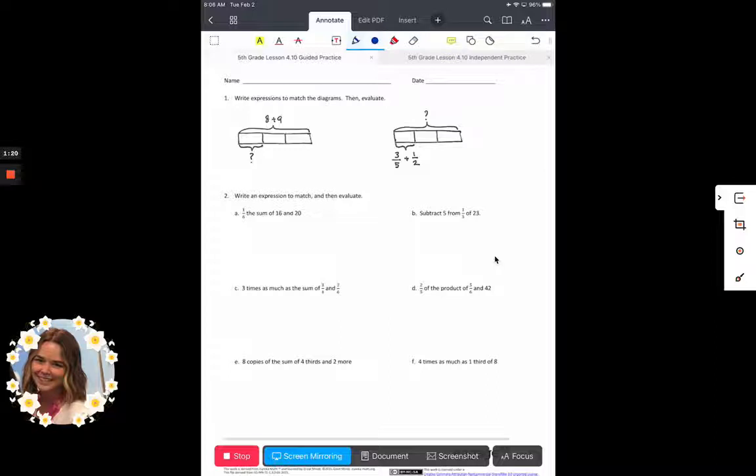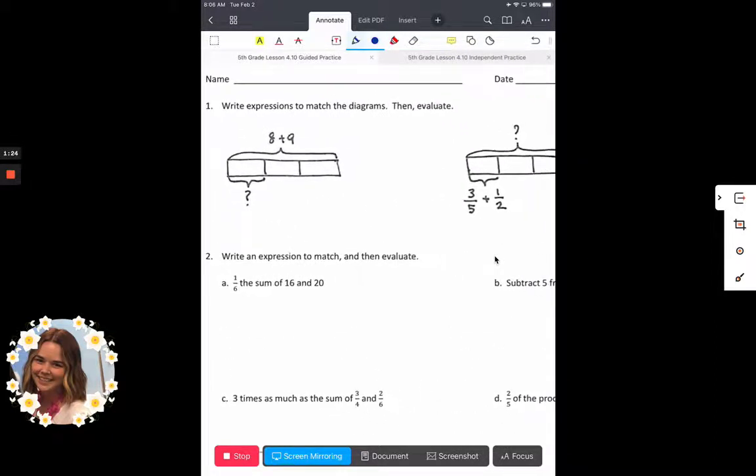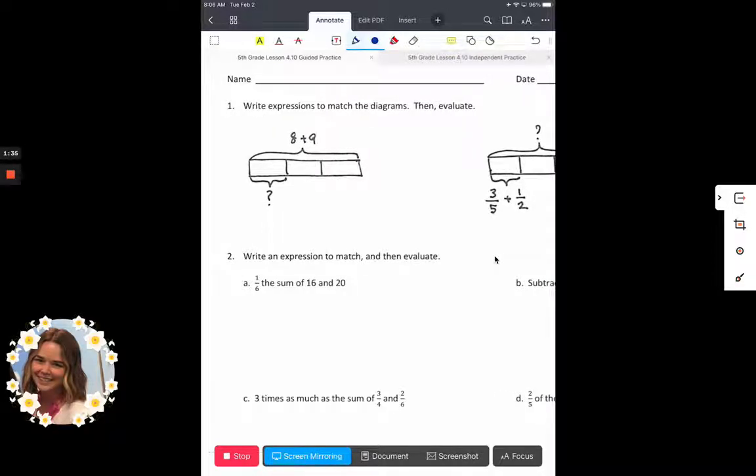So let's start with number 1. Number 1 says to write expressions to match the diagrams and then to evaluate. When we see evaluate, that just means to solve. So let's look at the first diagram and see what we notice. We have a tape diagram. The whole thing is equal to 8 plus 9.